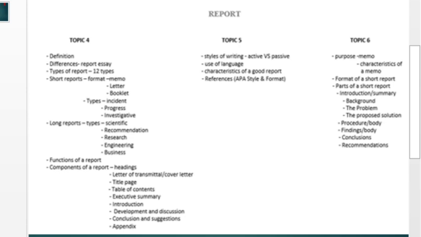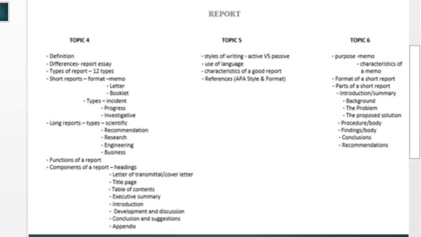If it is to the public in the form of a letter, it has to come together with a letter of transmittal. If it is publishing in the form of a booklet, it would be with a cover letter, similar to what you are doing in assignment number 2, where you have to come out with a cover letter, where we call it a title page.